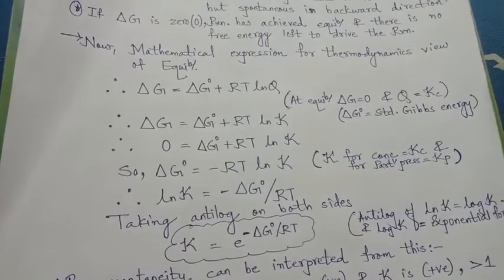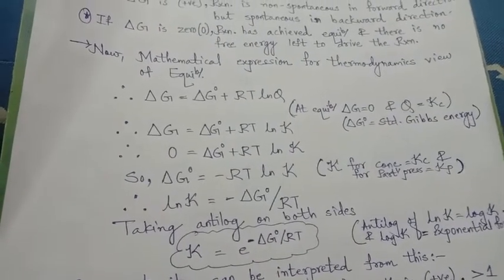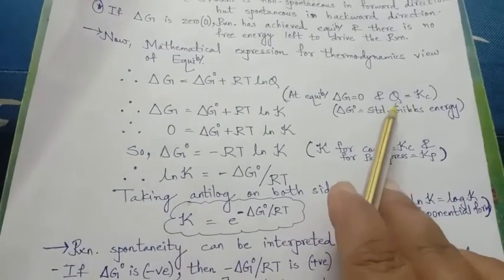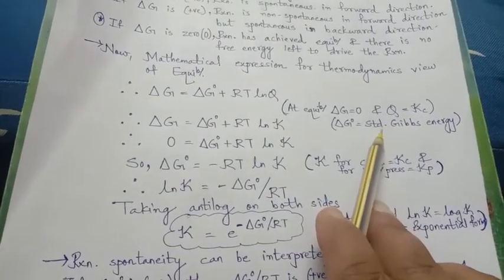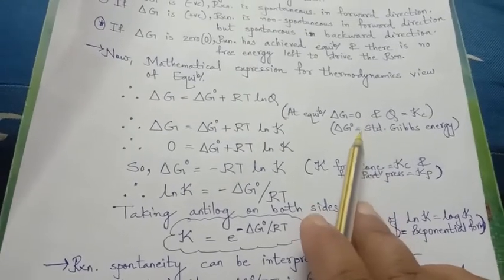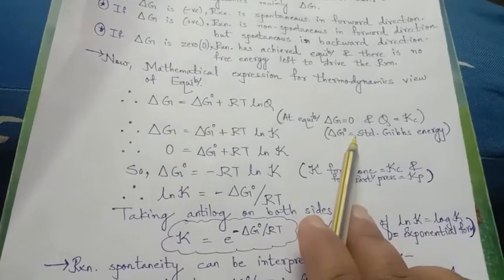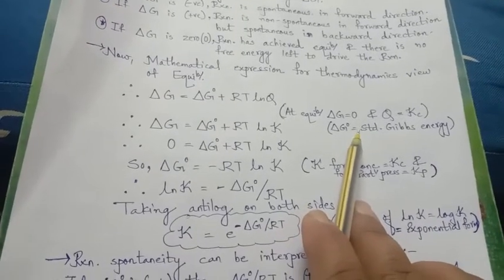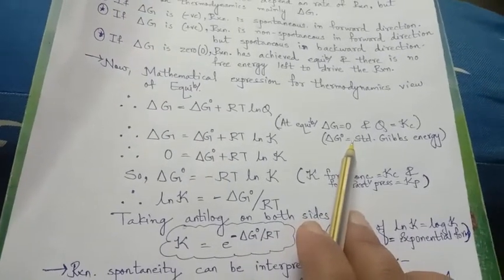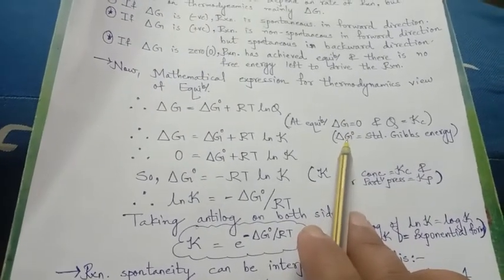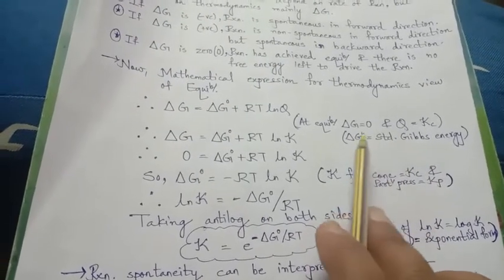Delta G degree is standard Gibbs energy. Standard energy means the free energy available in the reaction when the reaction is carried out at standard conditions: standard temperature 298 Kelvin, standard atmospheric pressure 1 bar, right? And that free energy is termed as standard Gibbs energy, that is delta G naught.